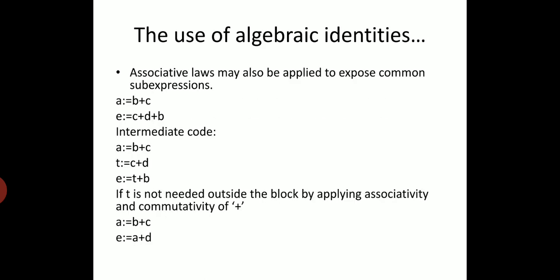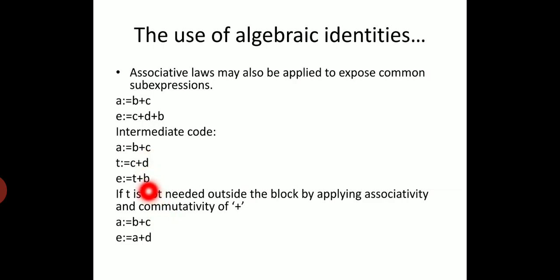Then when we use associative laws, that is a equal to b plus c equal to c plus d plus b, the intermediate code will be like this. First b plus c will be evaluated, then after that c plus d, that will be stored in t, then a equal to t plus b. If t is not live, that is not required for the block after this particular set of statements, then we can use the concept of associativity and commutativity. If it's not a problem, we can use statements like this: a equal to b plus c, then e equal to a plus t.